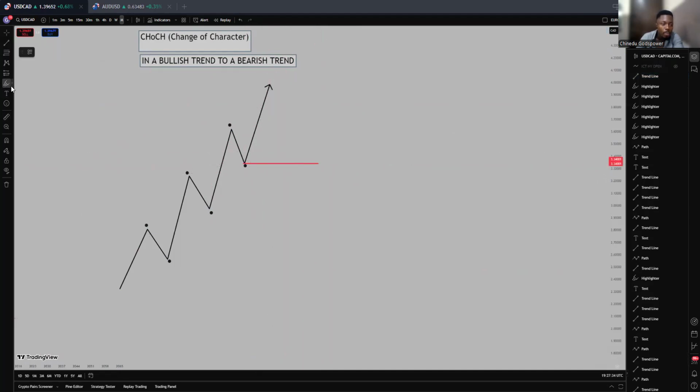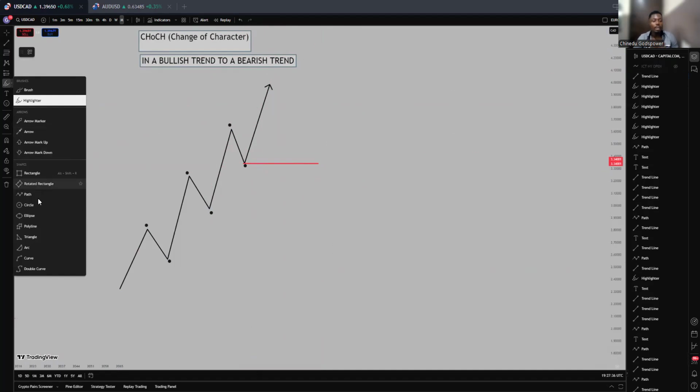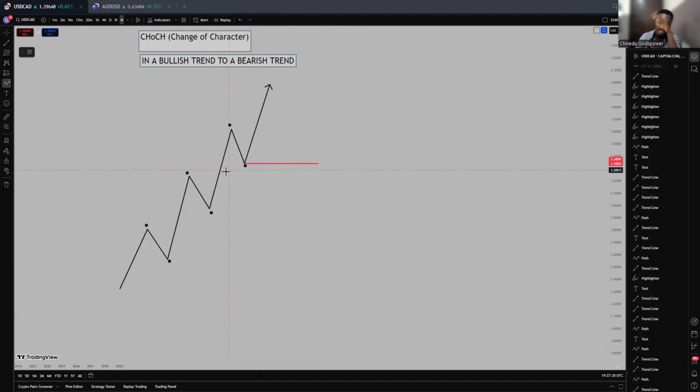But whenever character wants to change in a market that has been in a bullish run for a very long time, we often see that price comes here and, instead of taking the 50%, 60%, 70% discount level, price sometimes runs through that level and disrespects the higher low that was created here.